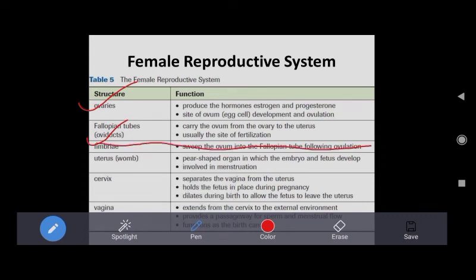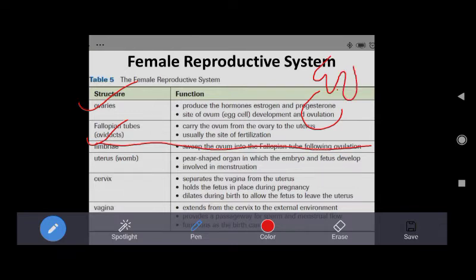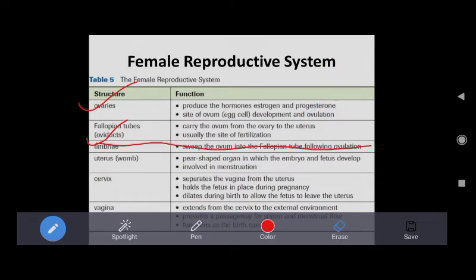Though I am telling you, on the ovary the projections are there, that is called the fimbriae. It actually collects the ovum from the ovary and brings it into the fallopian tube. But we will not be discussing this part, because at the 10th level this labeling is avoided.